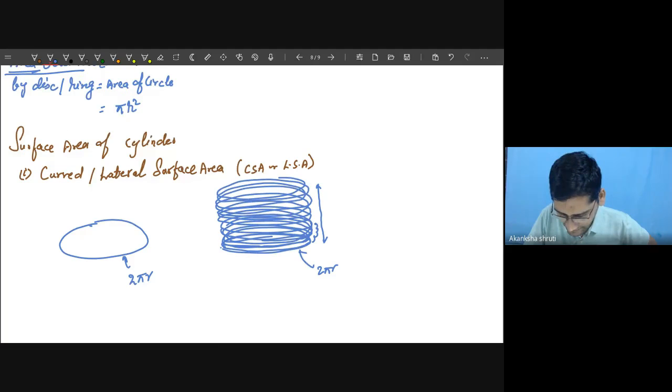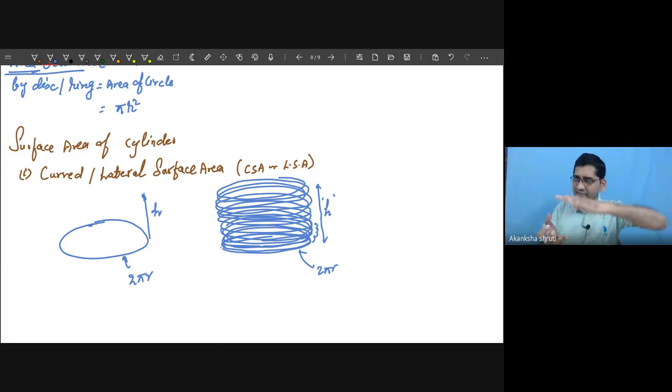There are h boundary lengths. So for getting the entire lateral or curved surface area, I need this boundary length multiplied h times so that its height will rise.